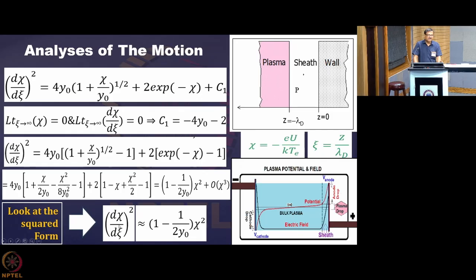The left side is a square, so it must be positive, and chi square is positive because it is a square quantity. Since the left side is positive, the right side also should be positive. So the term 1 minus 1 by twice y0 must be greater than 0.